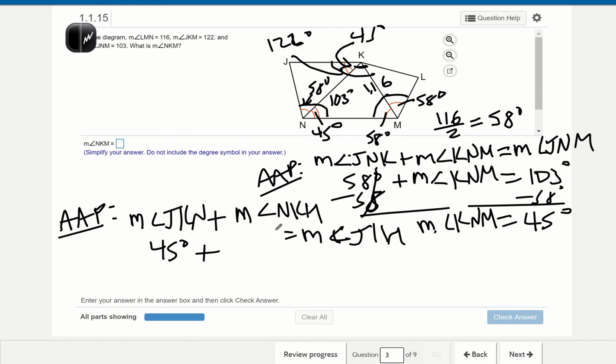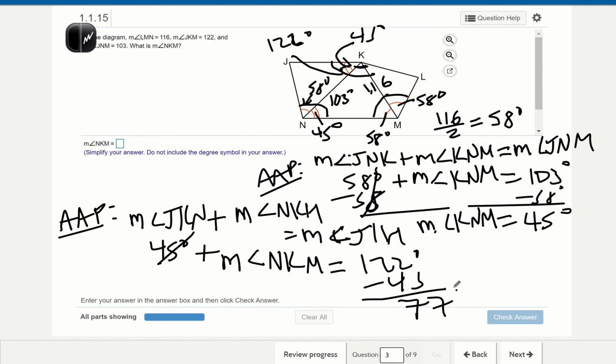So we don't know what NKM is, so I'm just going to write it as angle NKM, and that's equal to the big angle, which is 122. And so basically we just have to do 122 minus 45 to solve for the equation. 122 minus 45 is going to give you 77 degrees. And that 77 degrees is the measure of NKM, which is exactly what they're looking for in the problem. So it's going to be 77 degrees in this particular example.